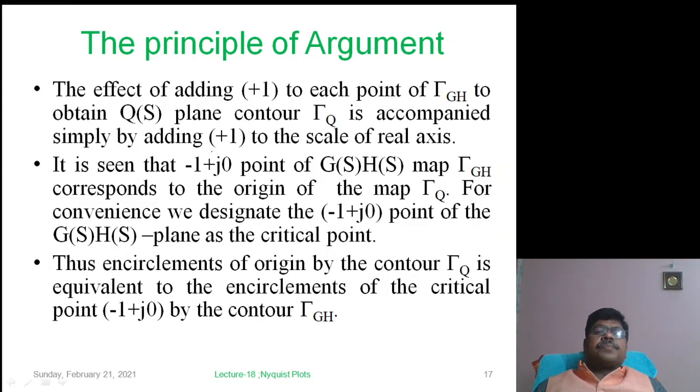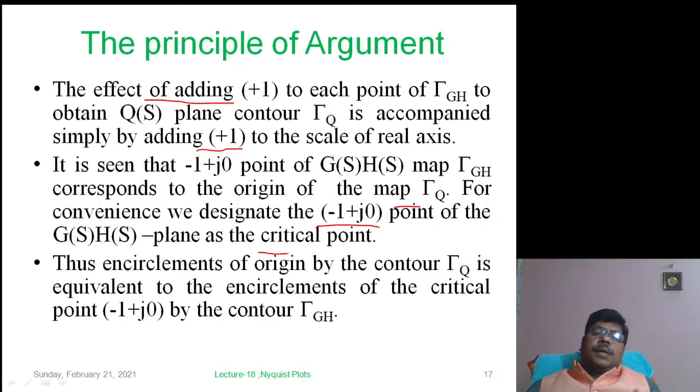Here you can see the effect of adding 1 to each point of G(s)H(s) to obtain the Q(s) plane is accompanied by simply adding 1 to the scale of the real axis. So, you can see the origin of map Q contour. For convenience, we designate the minus 1 plus j0 point of the G(s)H(s) plane as the critical point, because 1 plus G(s)H(s) is the characteristic equation.